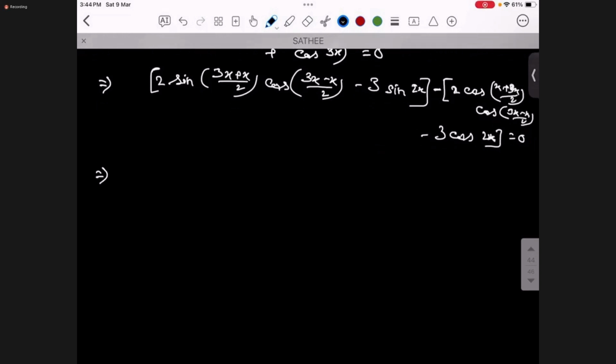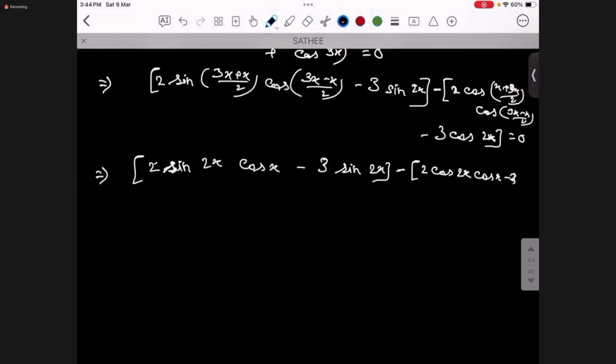So we obtain here 2 sin 2x cos x minus 3 sin 2x minus 2 cos 2x cos x minus 3 cos 2x is equal to 0.